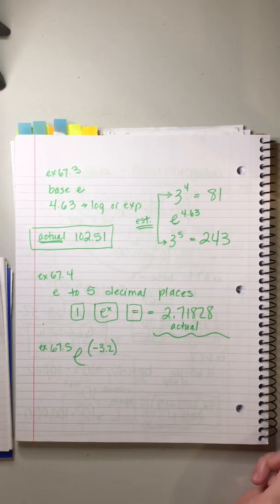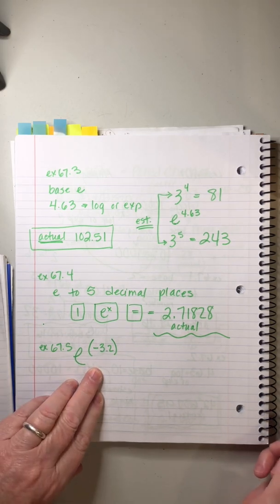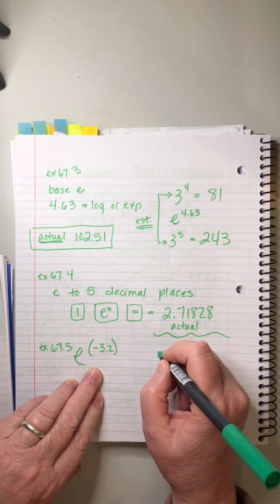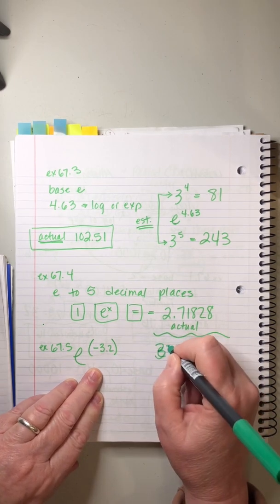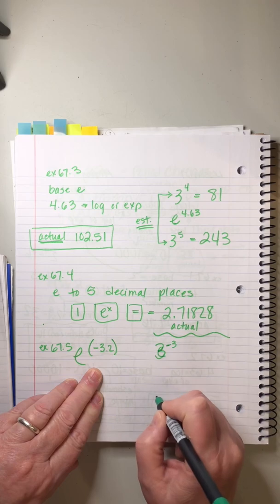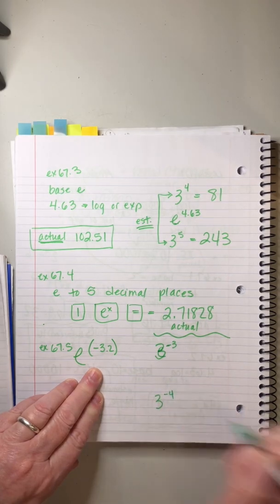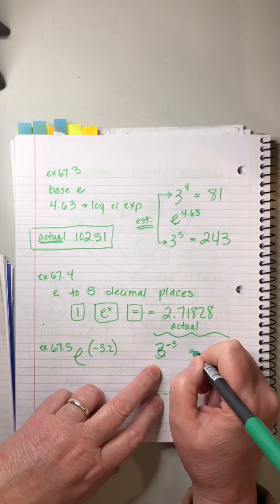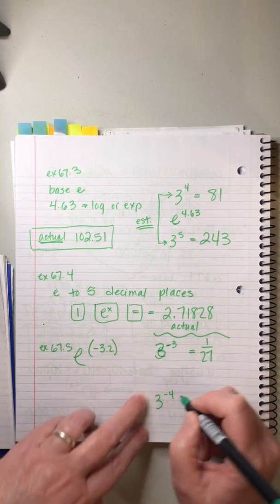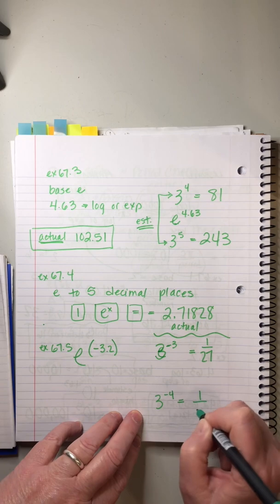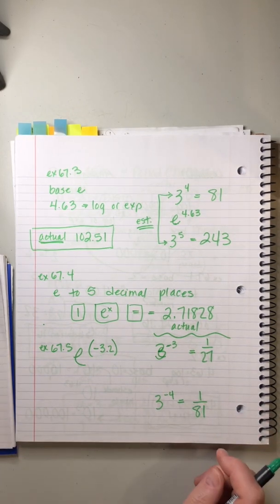Okay, so we have to do a little estimating around that. That would be between 3 to the minus 3 and 3 to the minus 4. 3 to the minus 3 would be 1 over 3 cubed. It would be 1 over 27. This would be 1 over 81.